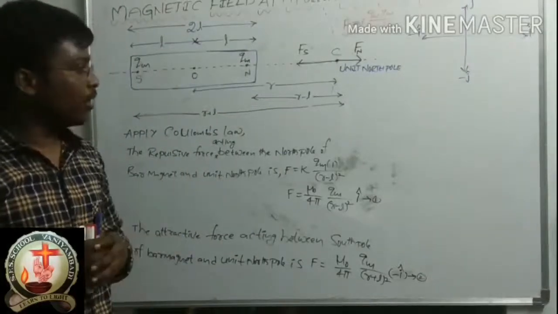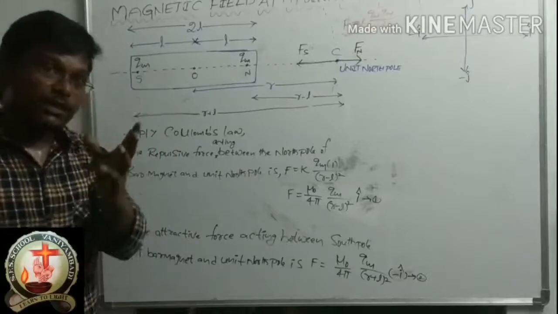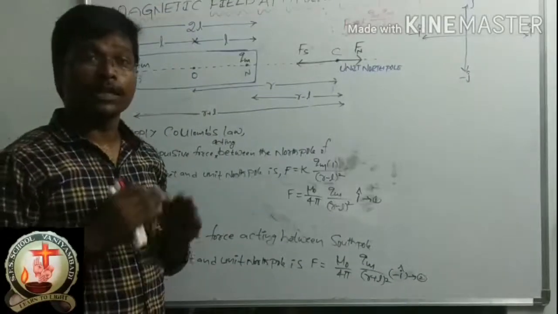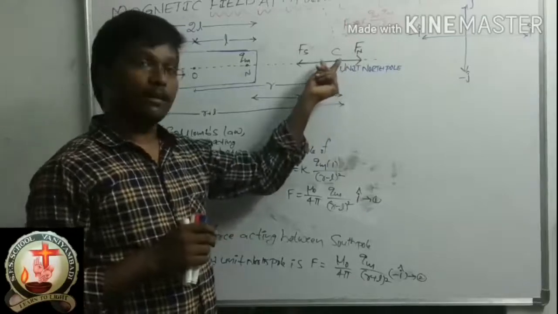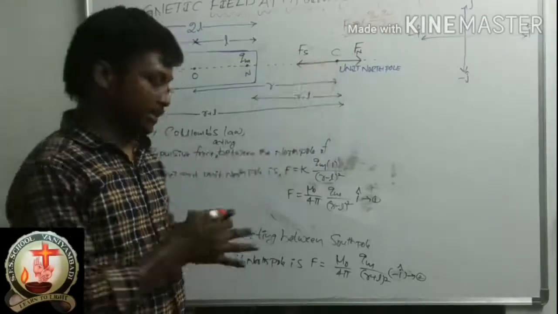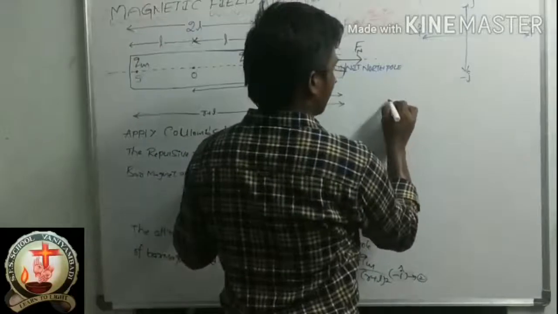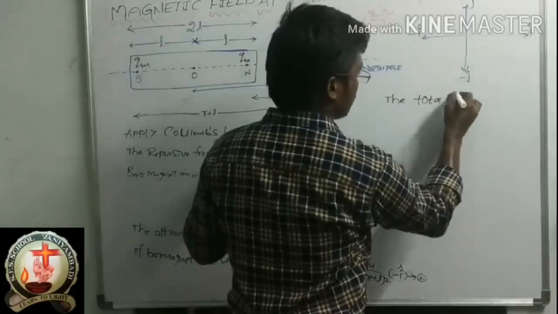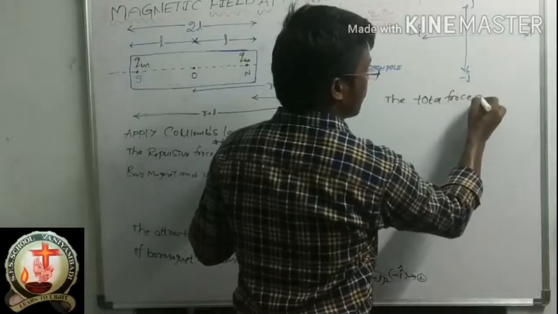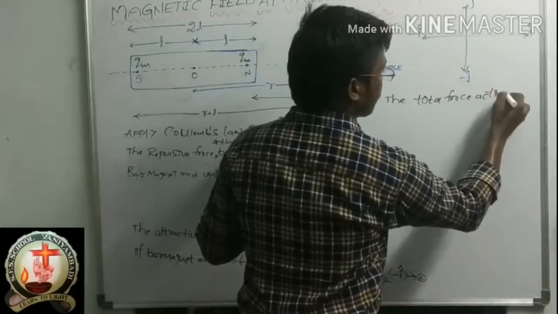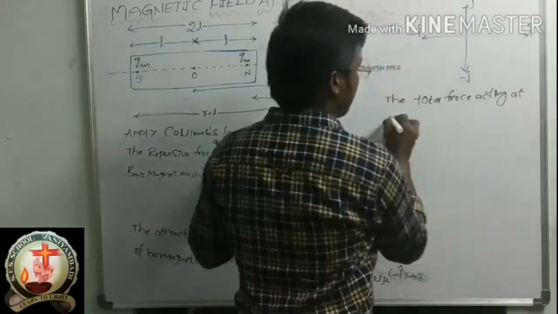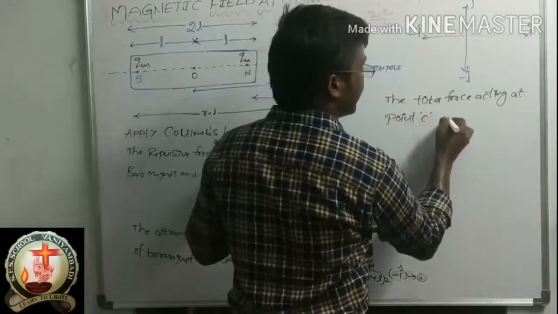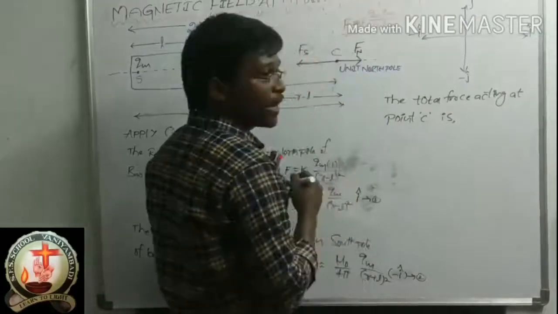Okay. Now the total force acting at point C we have to find. The net force, the total force acting at point C, total force I need means, what I will do?